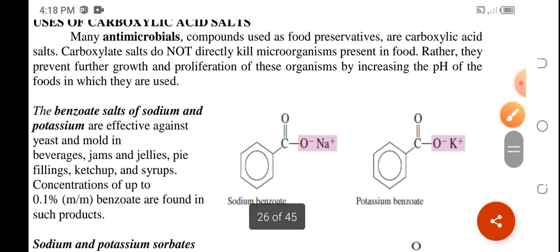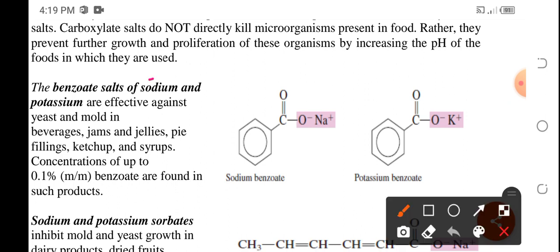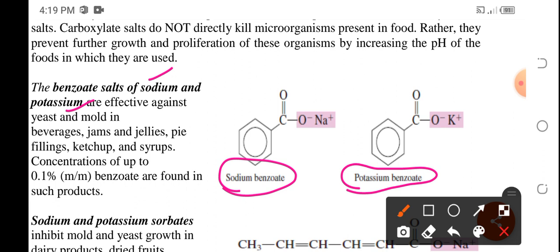Now, what are these carboxylic acid salts that are being used as antimicrobials? We have benzoate salts of sodium and potassium. When we say benzoate salts of sodium and potassium, it could be sodium benzoate or potassium benzoate. They are effective against yeast and molds in beverages, jams, jellies, pie fillings, ketchup, and syrups.